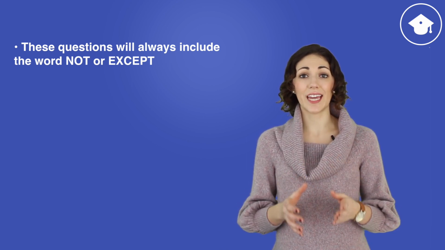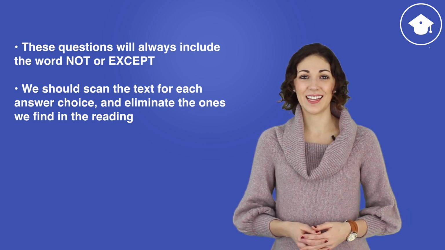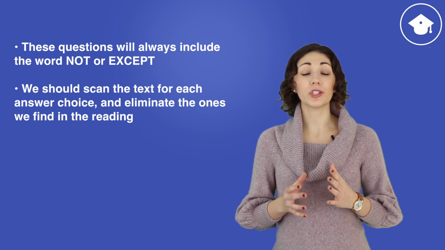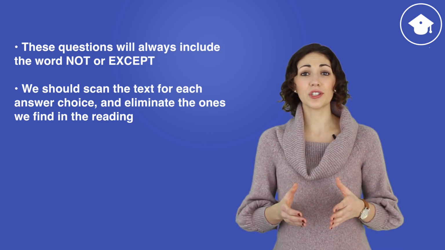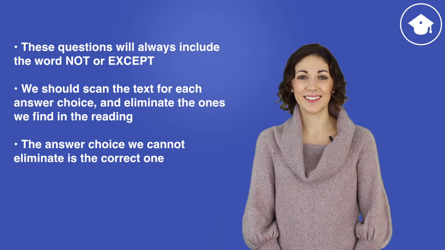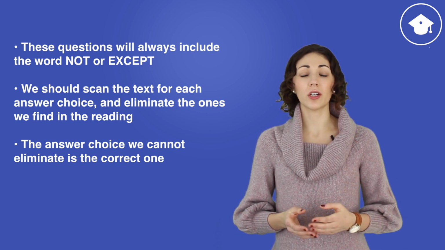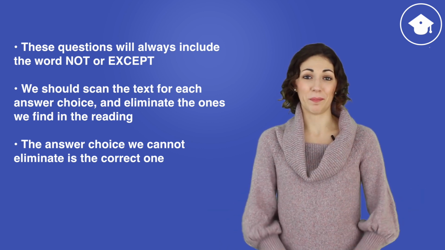We should just scan the text for each answer choice. If an answer choice is mentioned in the reading, we should eliminate it. The answer choice that we don't eliminate is the correct one. Not and except questions look complicated, but if we approach them like this, they're simple.